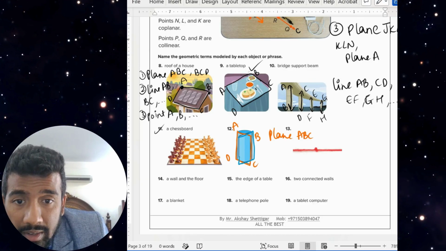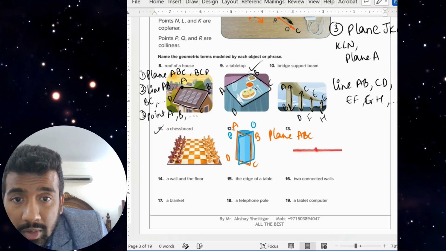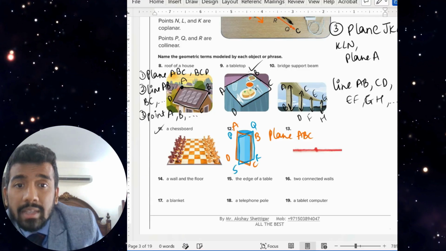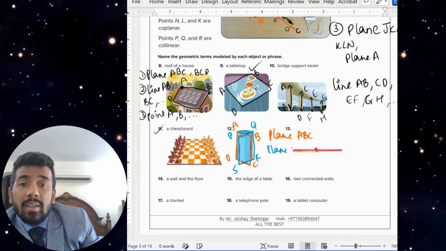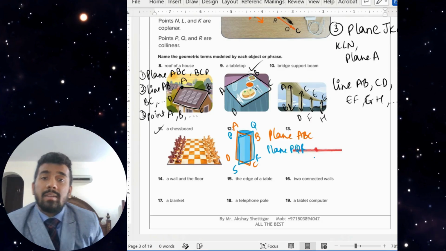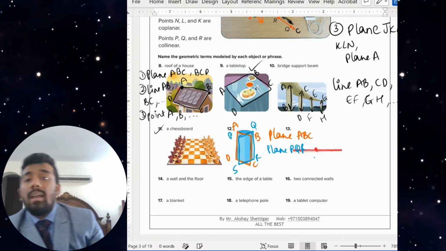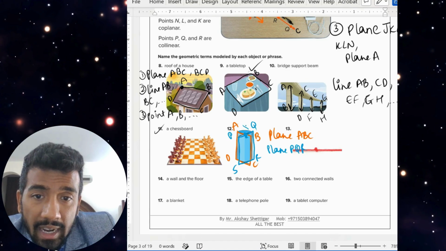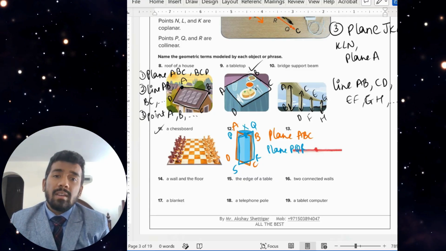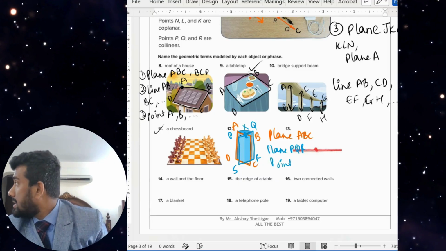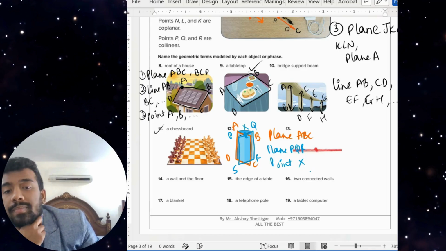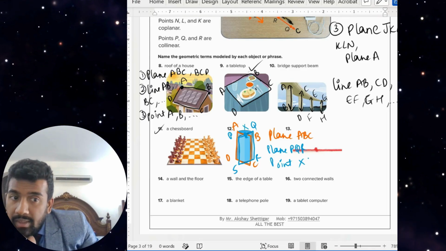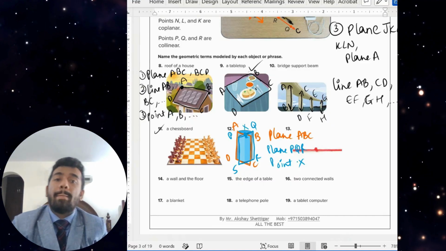Let that be P, Q, R, S. So I can say it as plane PQR. Correct? You understand? Like this. And if they put a point in the middle, I can say they intersect at point X. Okay. So that's how it is.